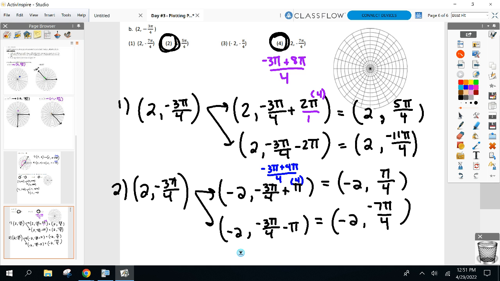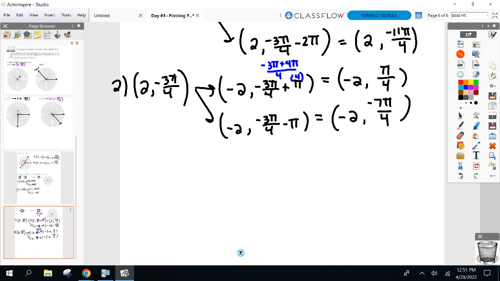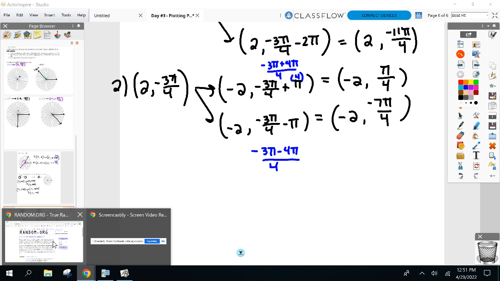Well, that's down here. So now it's going to be negative 3 pi minus 4 pi over 4. Oh, I forgot to bring the negative sign down. You okay? Everyone else? We good? Okay. So it's negative 7 and then positive 1 pi over 4. Yep. Bring the negative down.